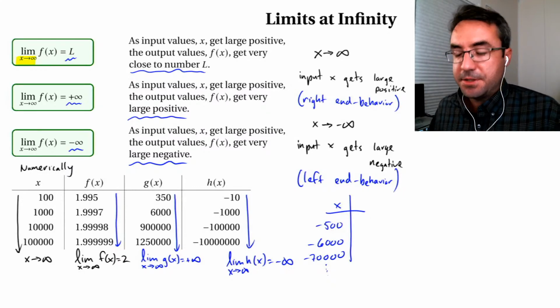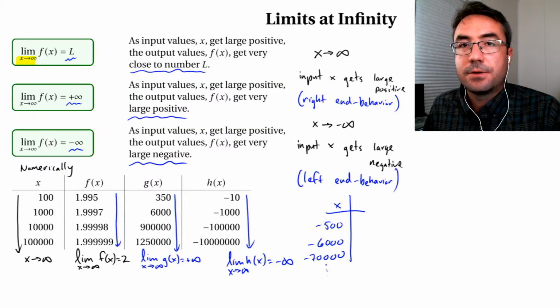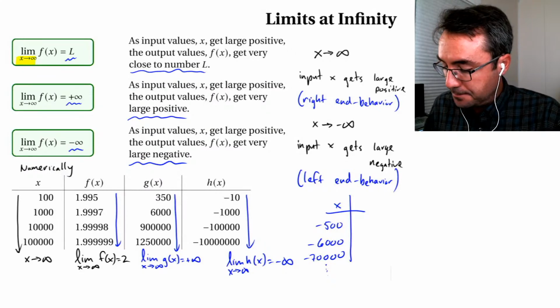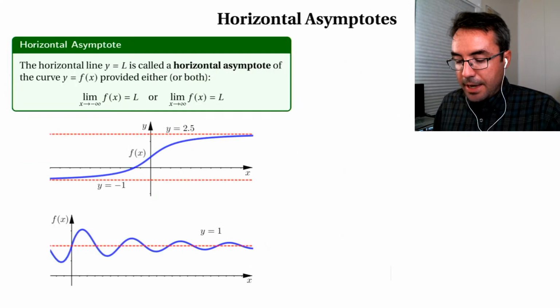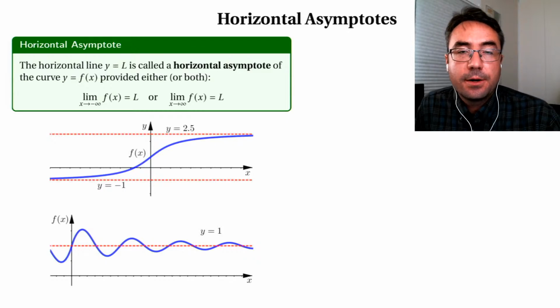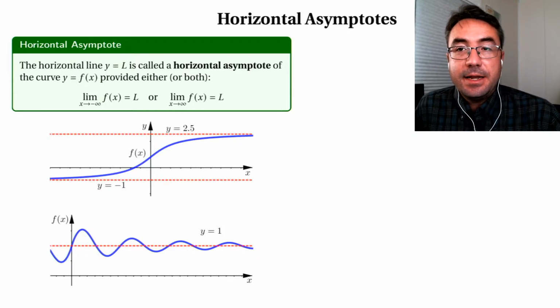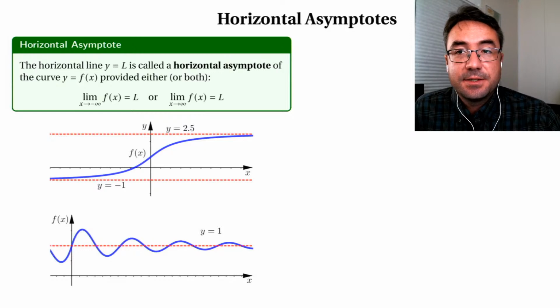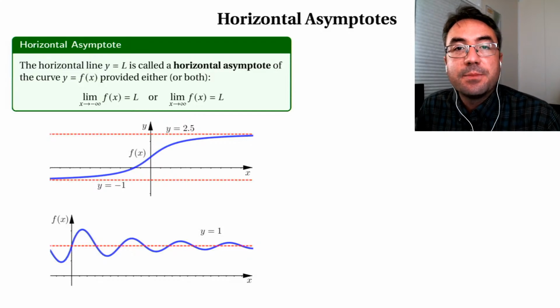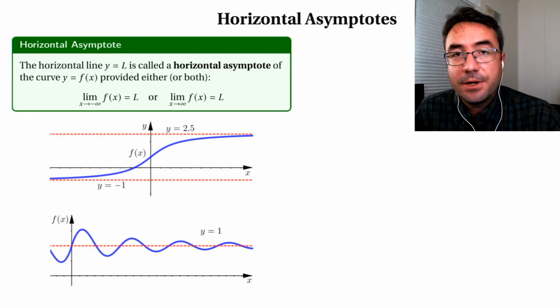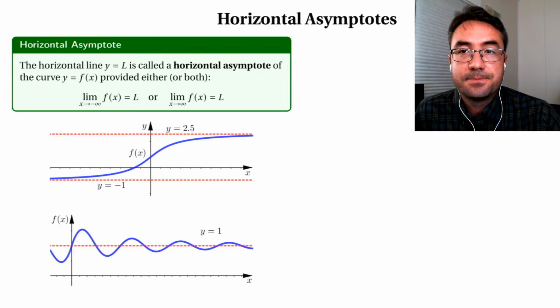All right, so let's look at graphically what's going on. And really the main story here is that if the limit exists, so if the limit of f of x as x approaches infinity or x approaches minus infinity is equal to some number L, well, we have something special on our graph, and we call that a horizontal asymptote.